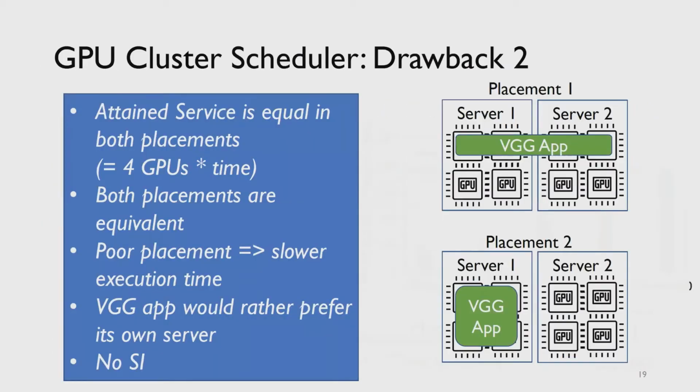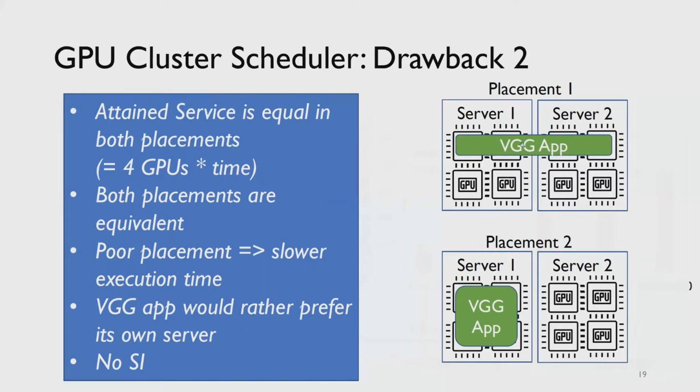Okay, so this slide is actually supposed to be in the middle. I may have misplaced it. This is one of the previous attacks on the LAS scheduler. It's saying that when you calculate the attained service as number of GPUs multiplied by execution time, these two placements are equivalent.